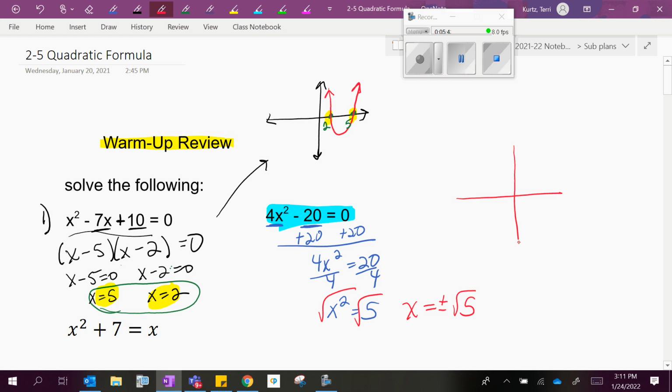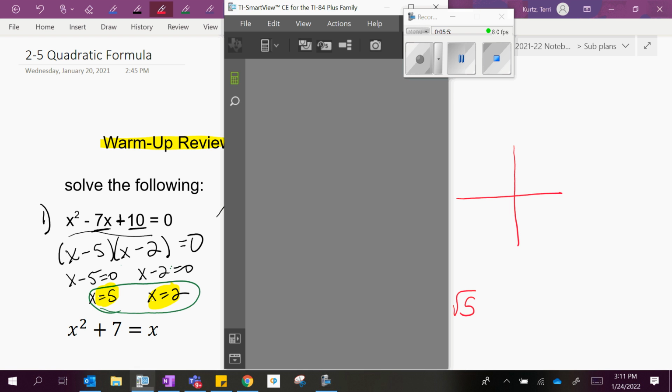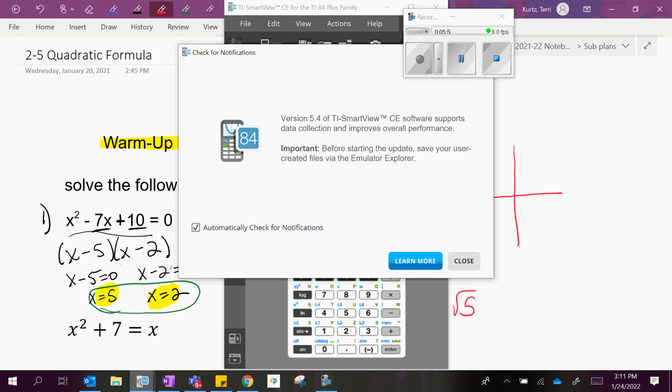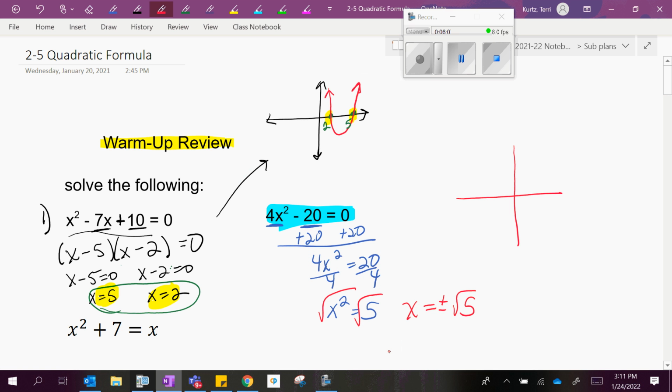So again, radical 5 is kind of a weird number, but it's still the roots of this equation. If I wanted to graph it, I'm pulling up my calculator here, I would want to turn radical 5 into a value that was more meaningful to me. So if I did square root of 5, I get 2.236.